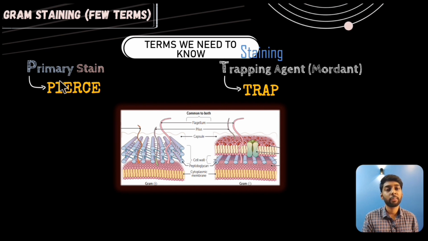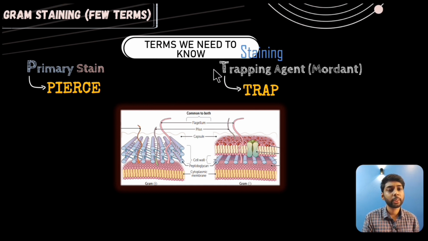So the goal of primary stain, remember that the primary stain has to pierce through not only the gram-positive cell wall, but also it has to penetrate through the gram-negative peptidoglycan layer. So as a result, we will get both the same colored cell wall when we apply the primary stain. There will be no differentiating factor when we are using primary stain.